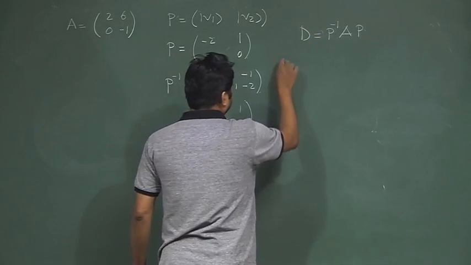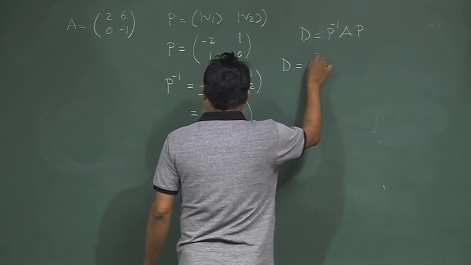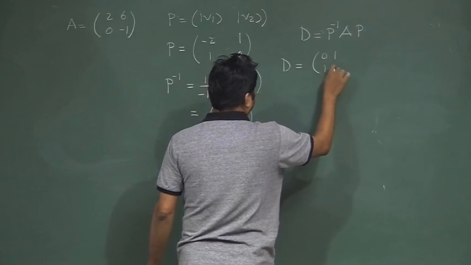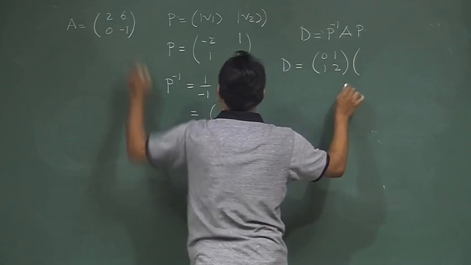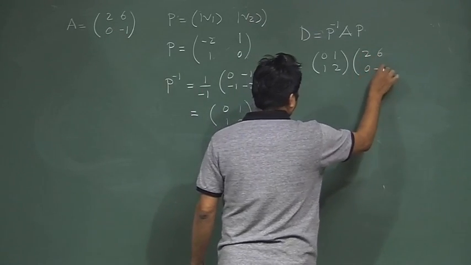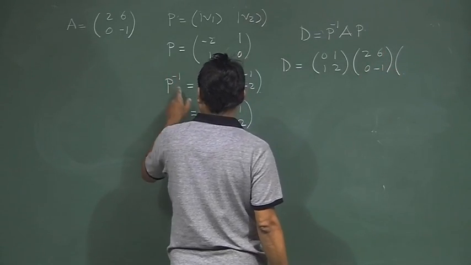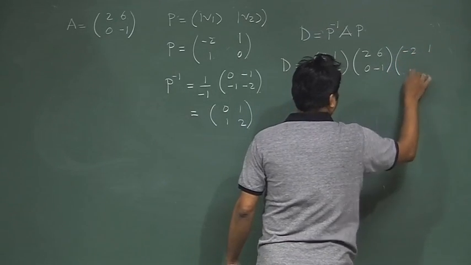My D matrix, which should be the diagonal matrix, should be P inverse, which I get as 0 1 1 2, A, which is my original matrix, 2 6 0 minus 1, and finally P, which is minus 2 1 1 0.